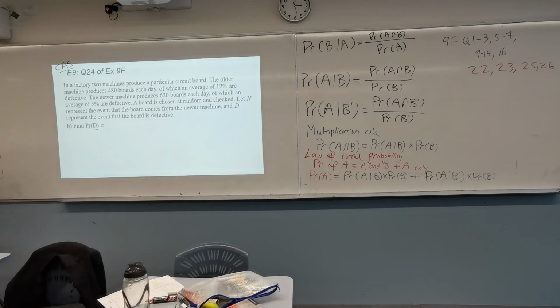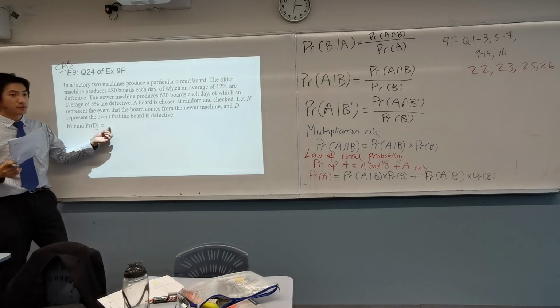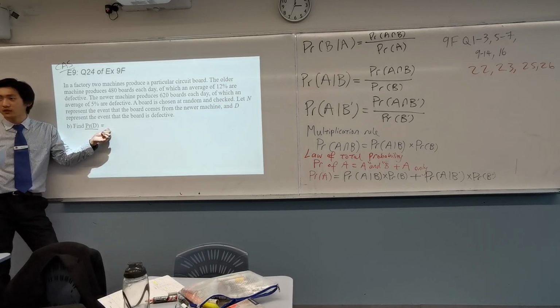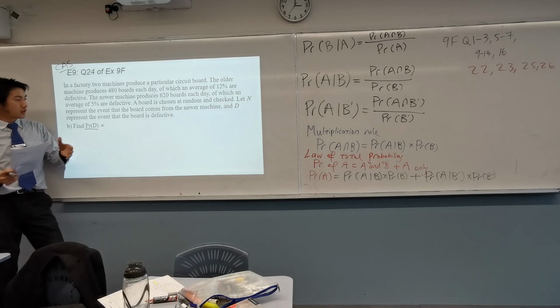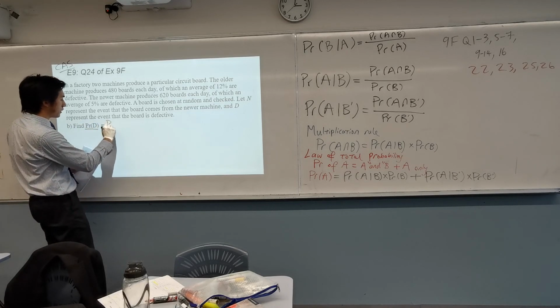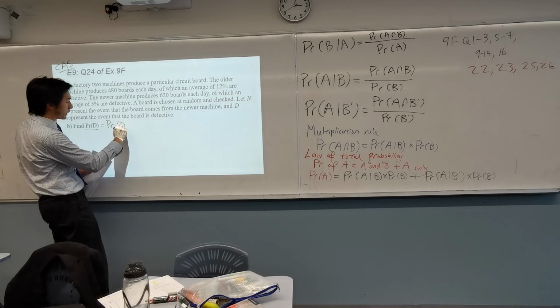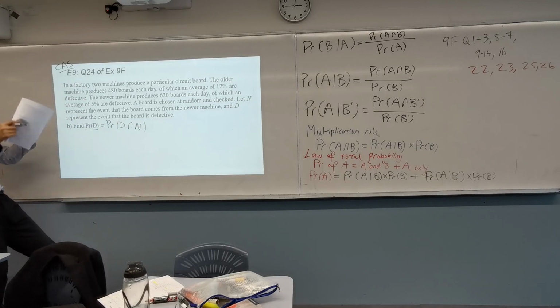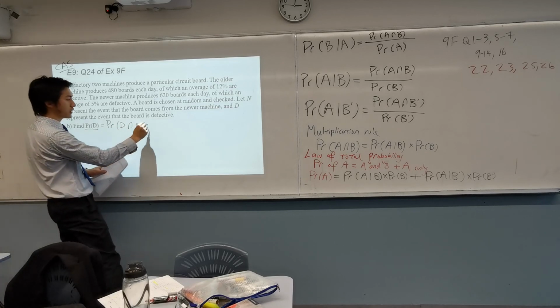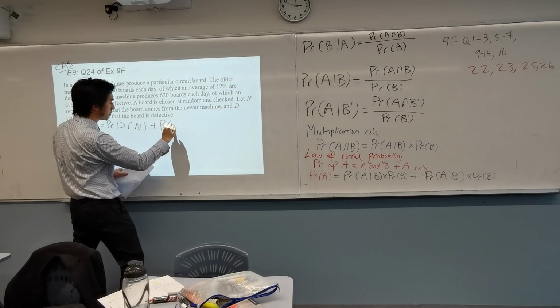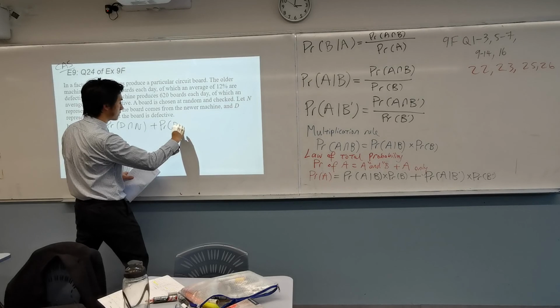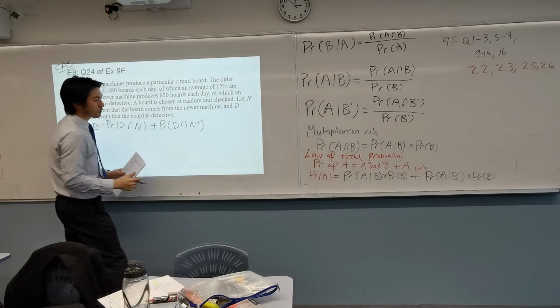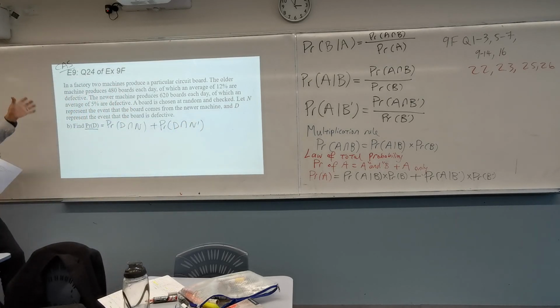So the probability of getting a defective board should be equal to the probability of getting a defective board, whether or not it's from the new machine. So the probability of getting a defective board from a new machine, okay, that's like the intersection part of your Venn diagram. And we add it to the probability of getting a defective board that's not from the new machine. Okay, that's the moon shape.